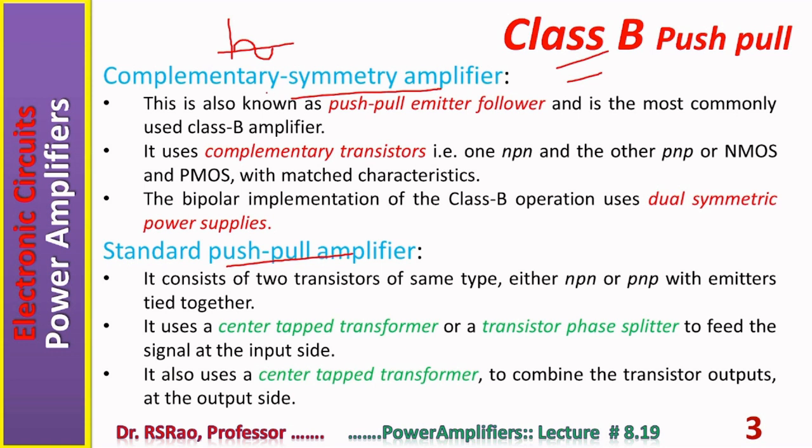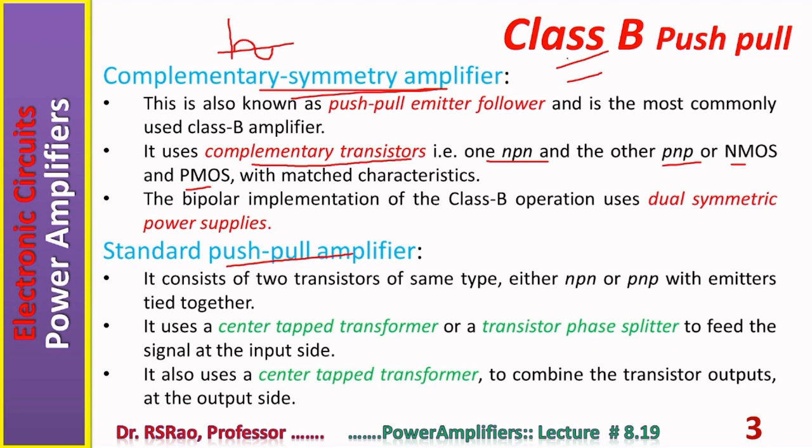Now, what is a complementary symmetry amplifier? It uses complementary transistors, one NPN and other PNP, or NMOS and PMOS. As mentioned, class B uses two transistors.